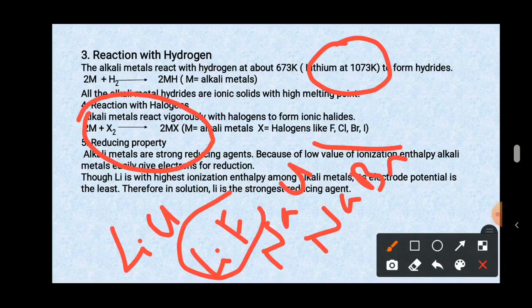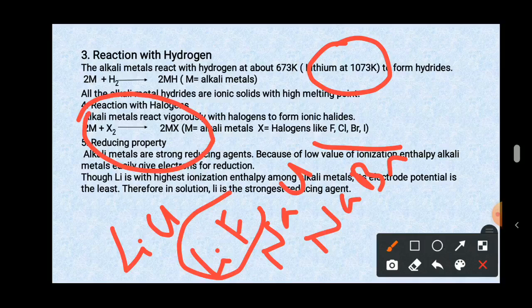Because of the smaller size, it has a high lattice enthalpy. I will explain the definition of lattice enthalpy in a coming chapter. So lithium fluoride is insoluble in water due to its high lattice enthalpy. Since lithium and fluorine are very small, the bond between lithium and fluorine is very strong.